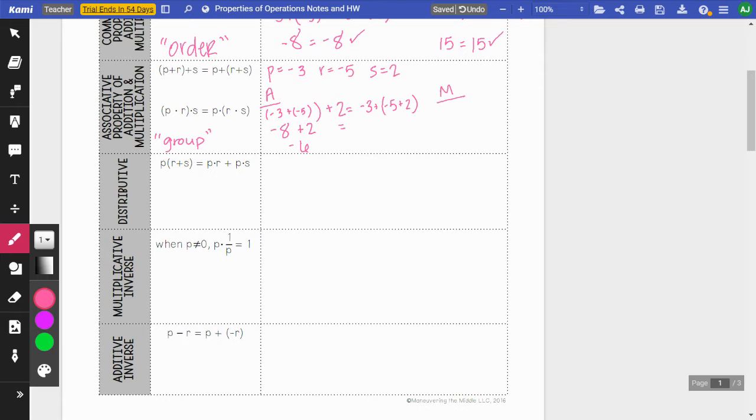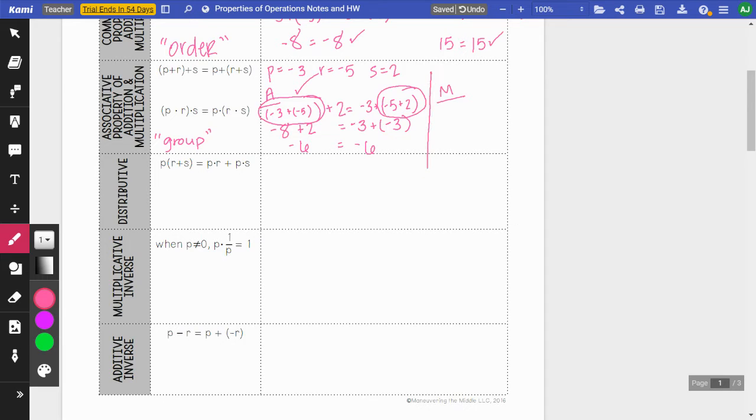So -5 plus 2 is going to be negative 3, and negative 3 plus negative 3 is negative 6. I like the associative property because when I group all my negatives together, it's easier than having to remember whether I add or subtract. My negatives are easier to add up, my positives second.